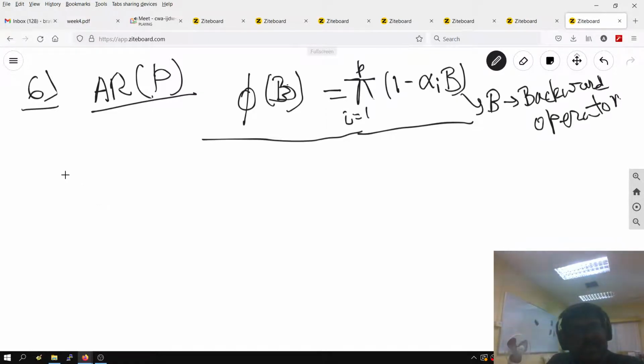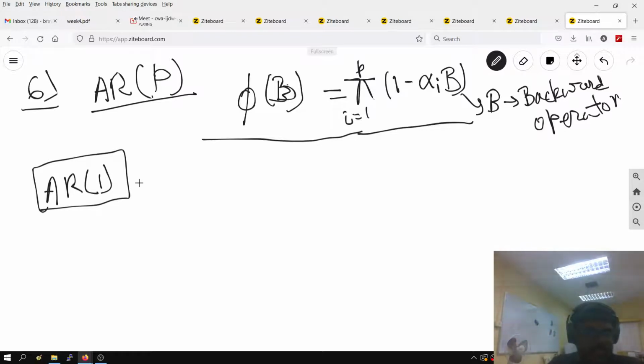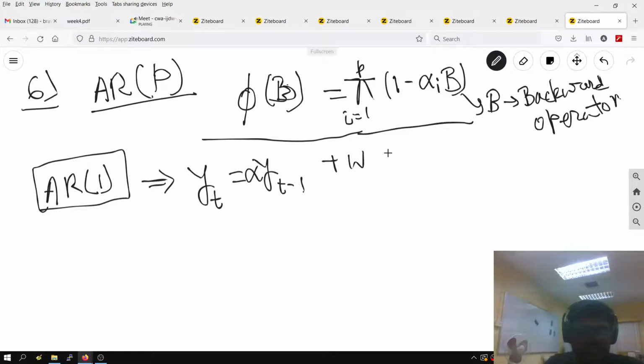Take a simple AR(1) model here. If we can derive it for the AR(1) model, it is easy to say. So let me take the AR(1) model, Y_t equals alpha times Y_{t-1} plus W_t.